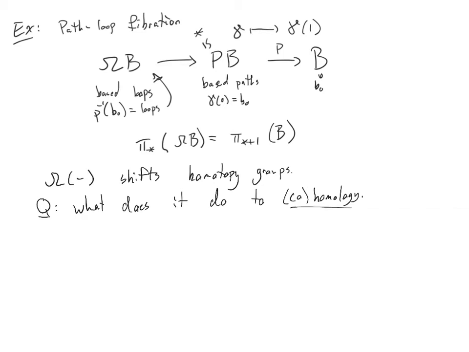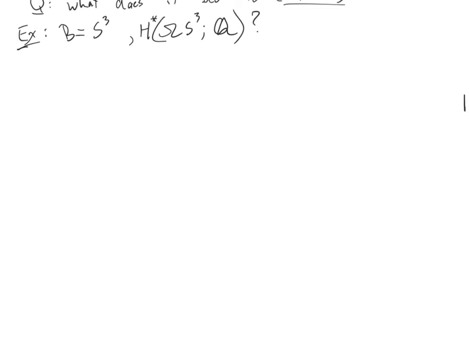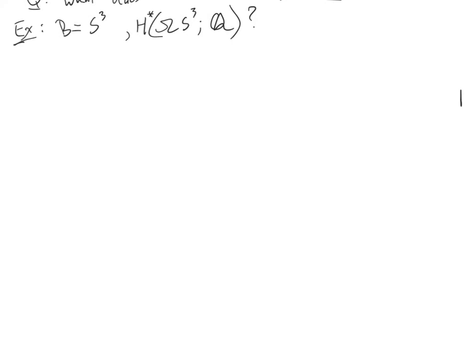Let's pick our base space to be something simple. We'll take B to be S3, and we'll try to compute the cohomology ring of loops S3. To start with, let's do this just for rational coefficients. This is one of the first tricks that people learn to do with the Serre spectral sequence.